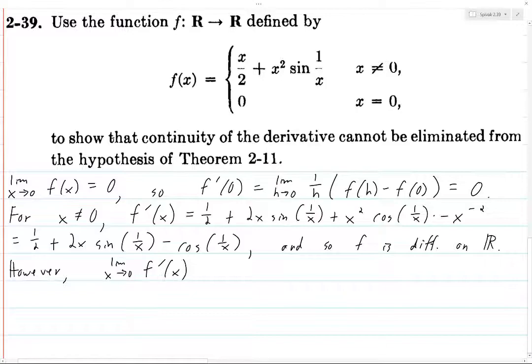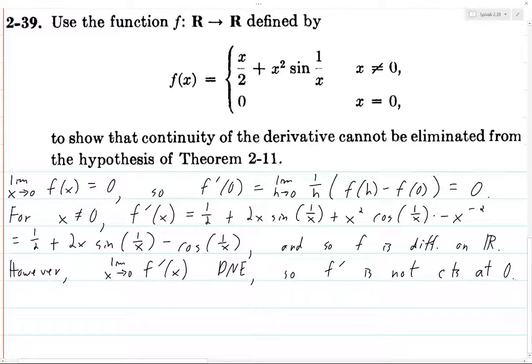Take x to 0, and you squeeze it to 0. So the second term will go to 0, and then the third term, cosine of 1 over x, is going to oscillate. So this limit does not exist. So even though f prime is defined everywhere, it's not continuous at 0. So f is not continuously differentiable at 0. And so this is in fact the point that we want to look at.